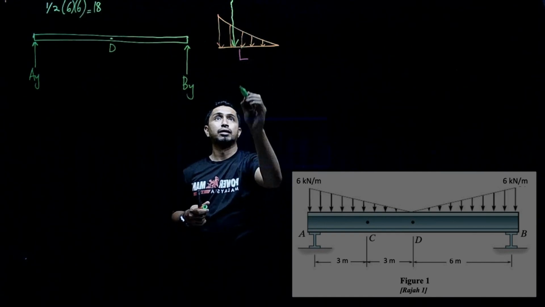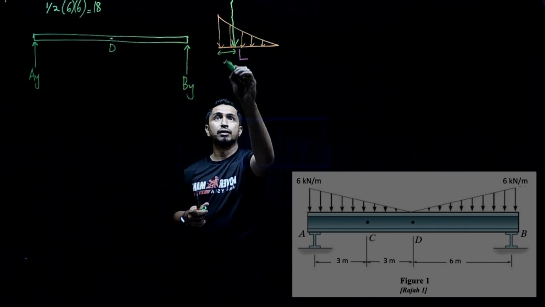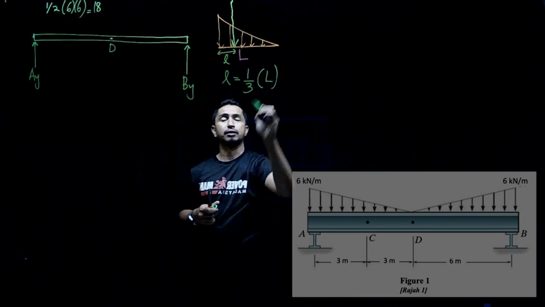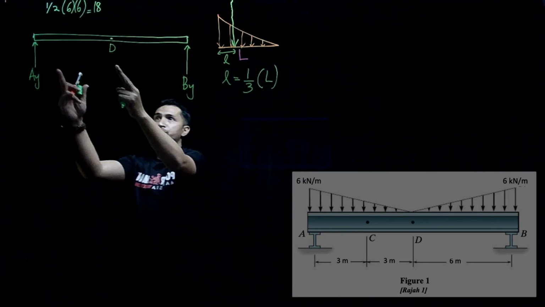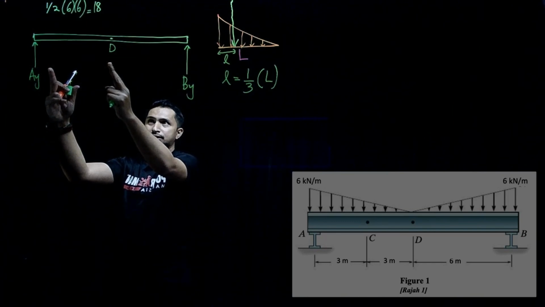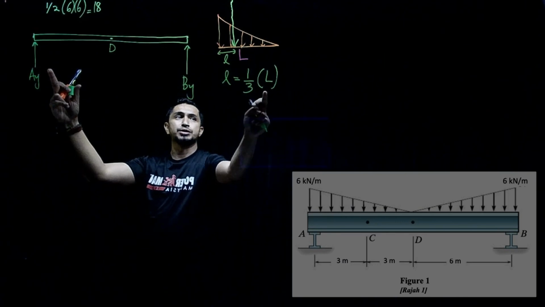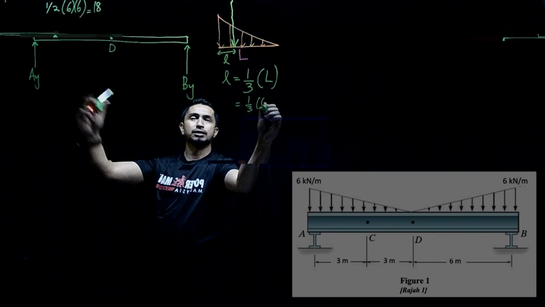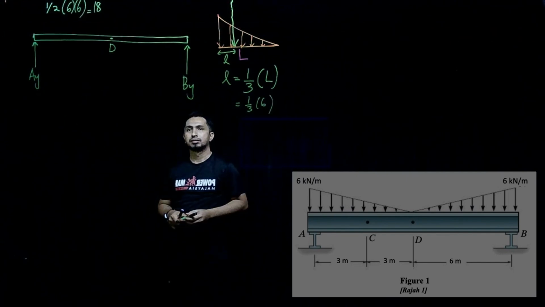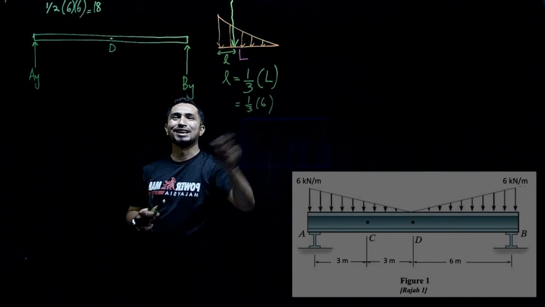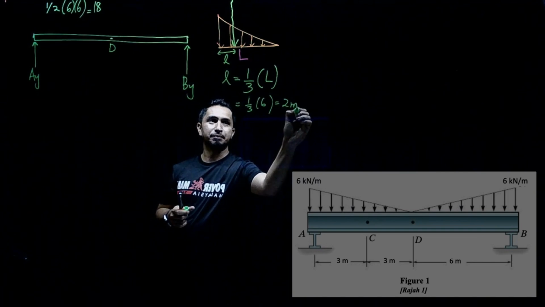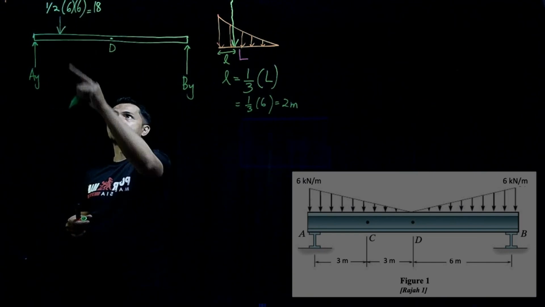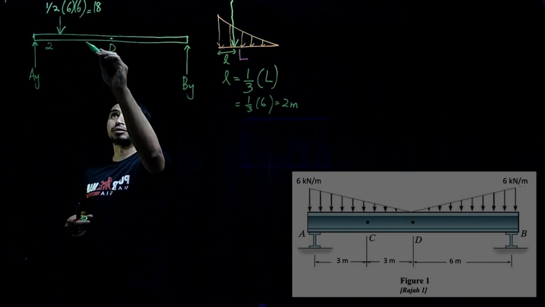So the distance equals one third times the total length. Here we have 6 meters, and one third times 6 will be 2 meters. So the placement is like this, 2 meters, and then the remaining will be 4 meters.